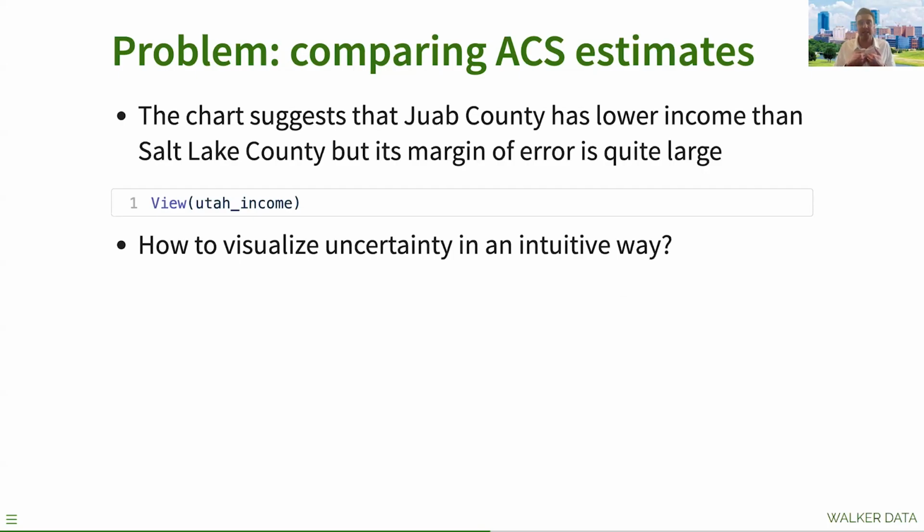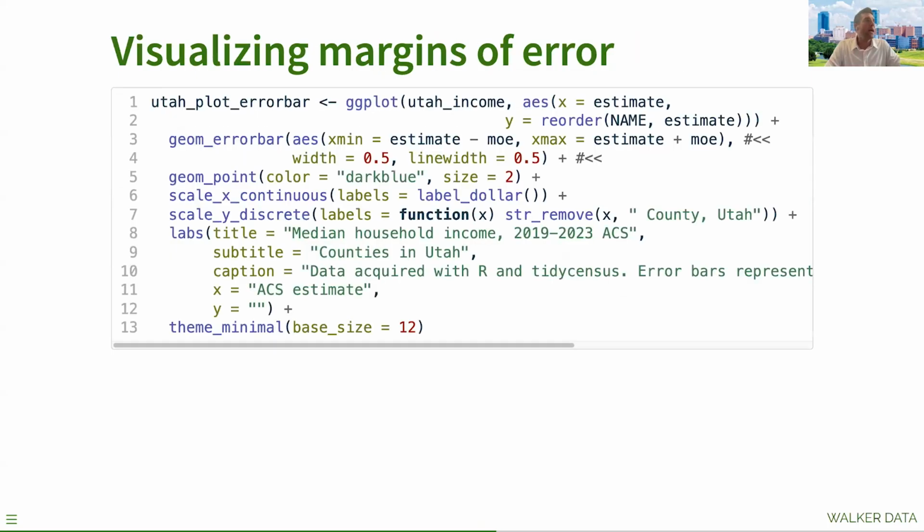So how do we visualize this in an intuitive way? What I like to do, and there's a lot more code here, so I'm going to step you through it, is create what's called a margin of error plot. A margin of error plot allows you to visualize the uncertainty around a given estimate.